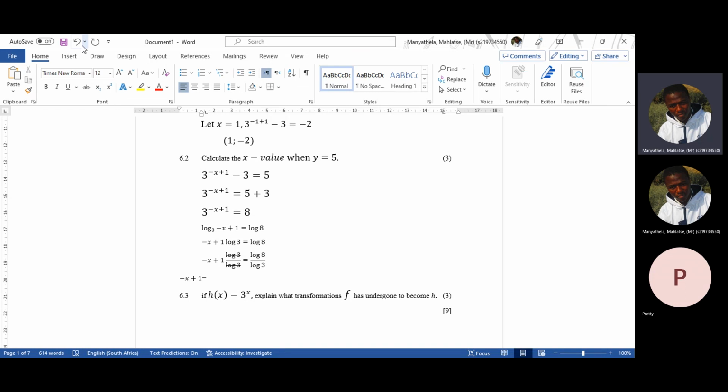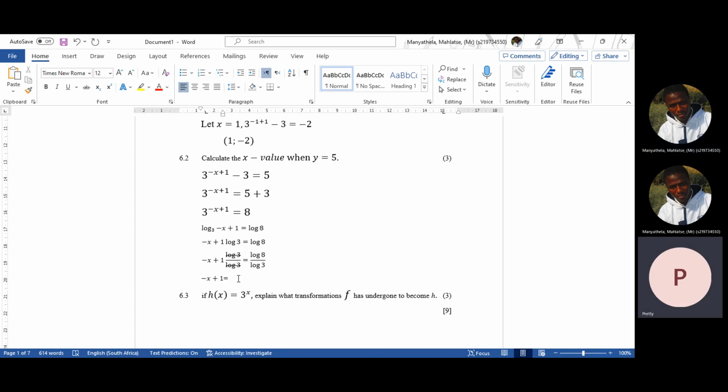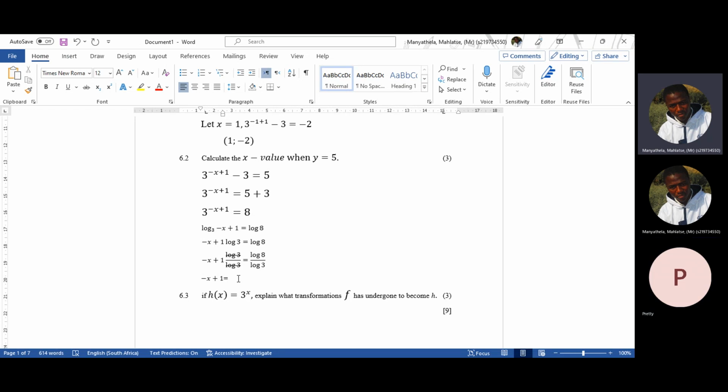So what is log 8 over log 3? It gives me 1.2.